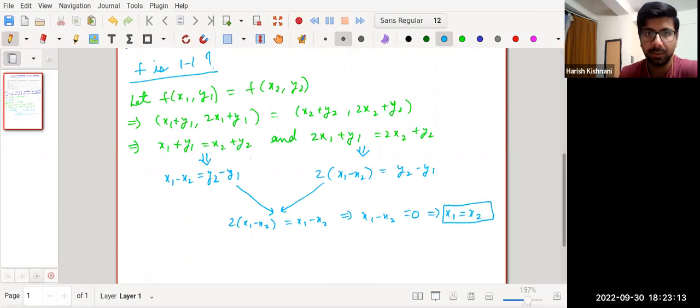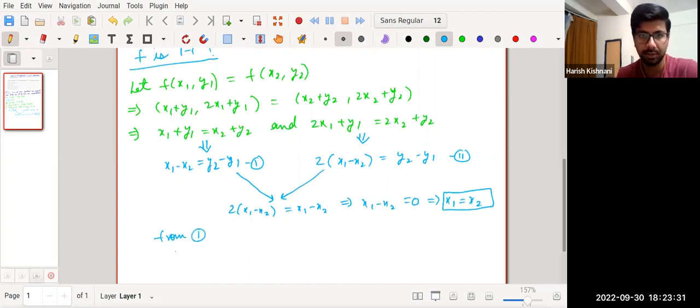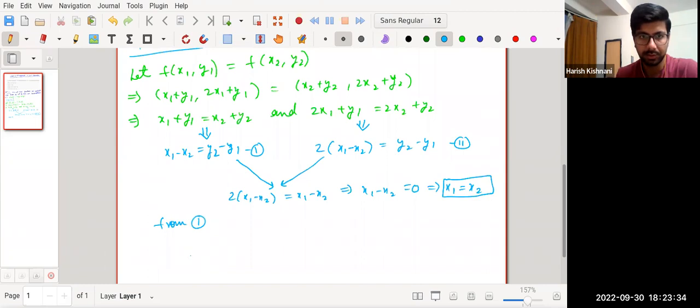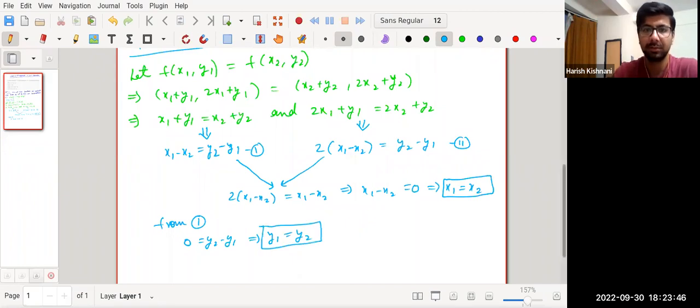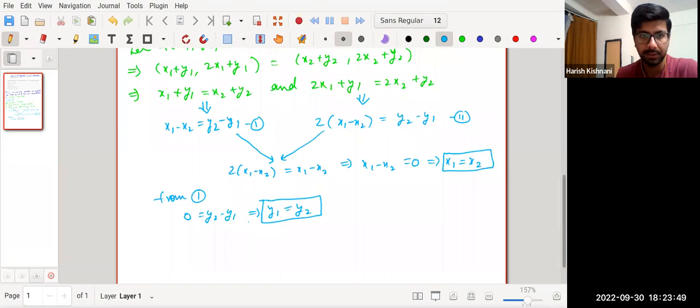Now put them in any one of the equations. From the first one we will get 0 is equal to y2 minus y1, and that will imply that y1 is also the same as y2. So this implies f is one-one.